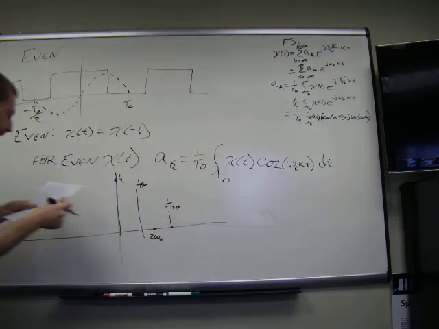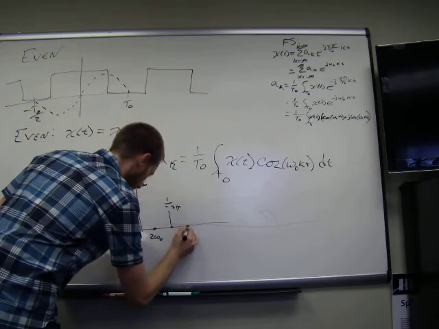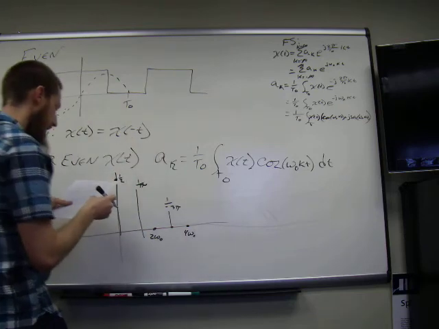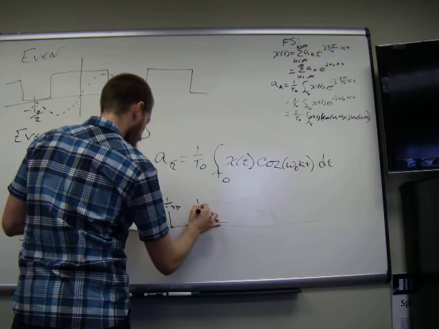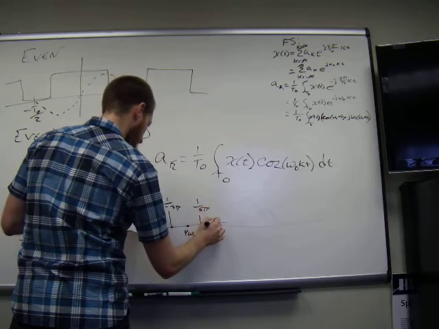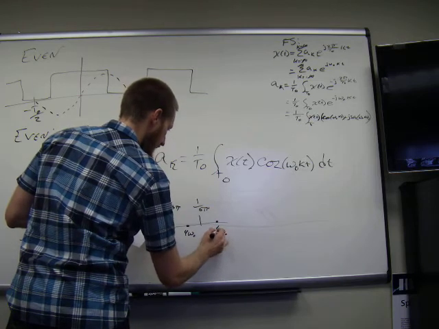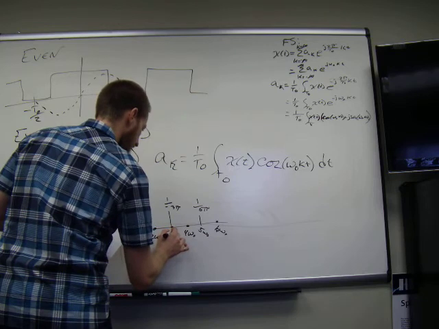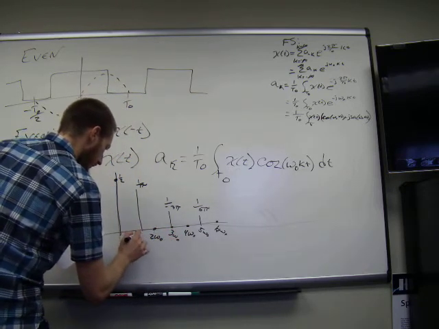Negative 3 pi, and then we're going to have 4 omega naught, and then this is going to be 1 divided by 5 pi, and then we're going to have 6 omega naught, 5 omega naught, this is 3 omega naught, this is 1 omega naught.